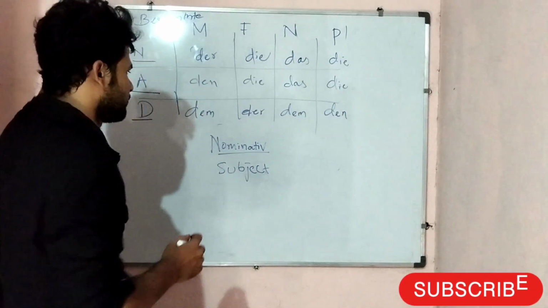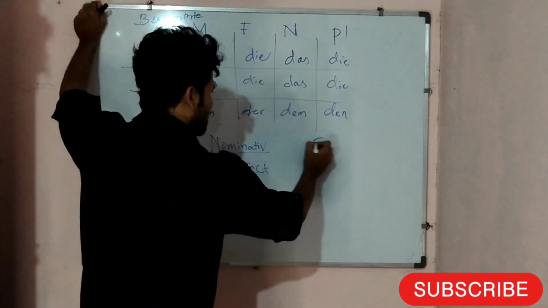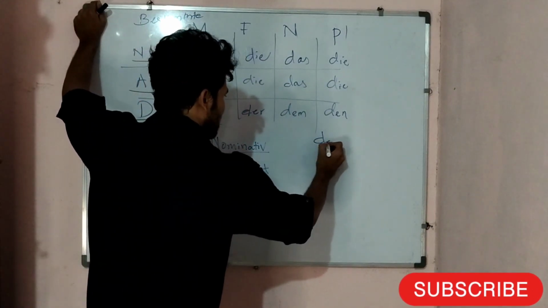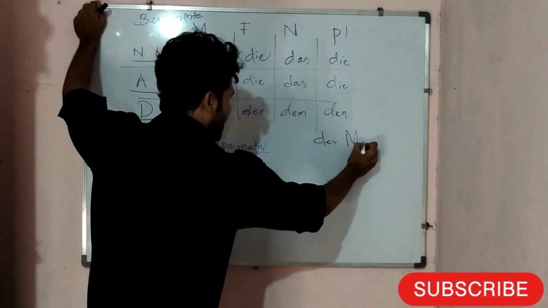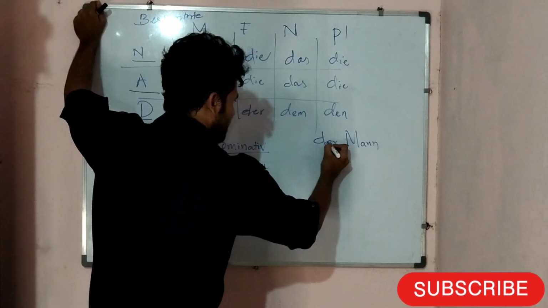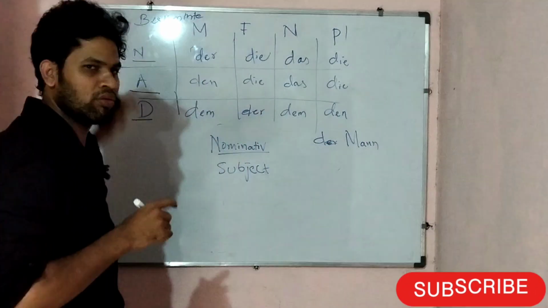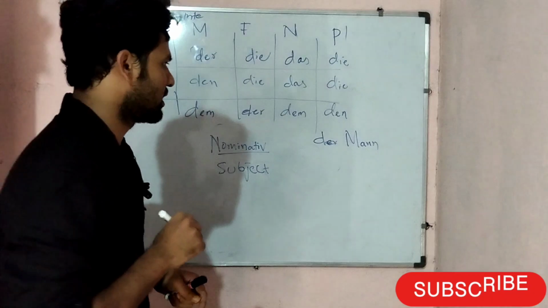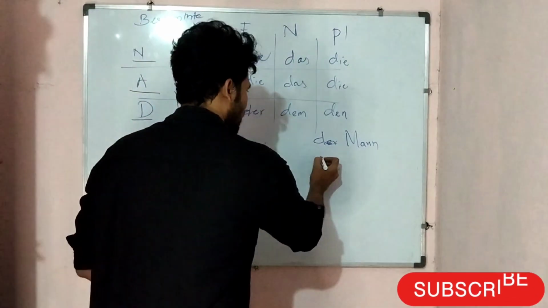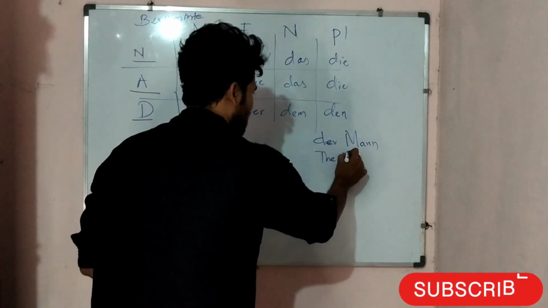For example, I am taking der Mann, M-A-N-N, the man. Whenever you are learning a noun, learn it along with the gender. It will be useful for you. Der Mann is nothing but the man.